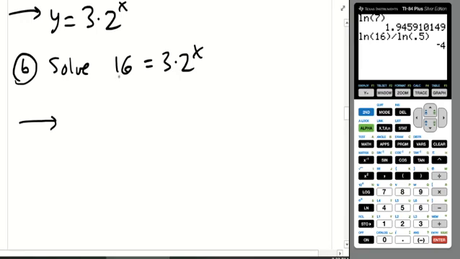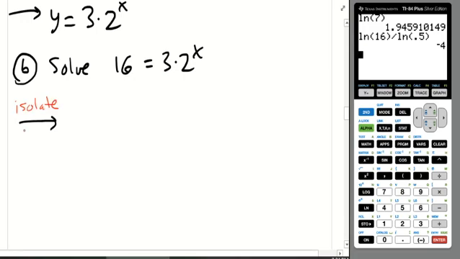You could find an approximate answer by graphing both sides, doing second trace 5 for the intersection to find the approximate place where they cross graphically. But I'm going to show you how to do it by hand.